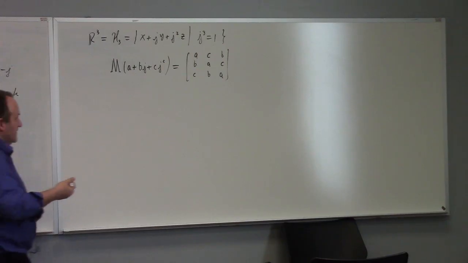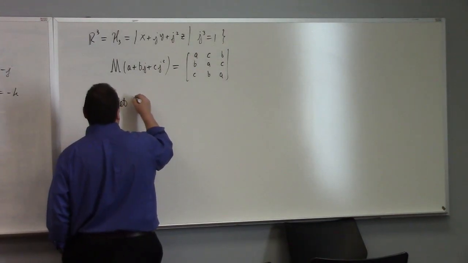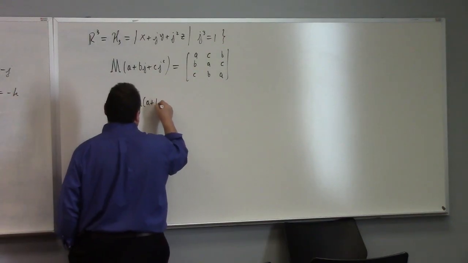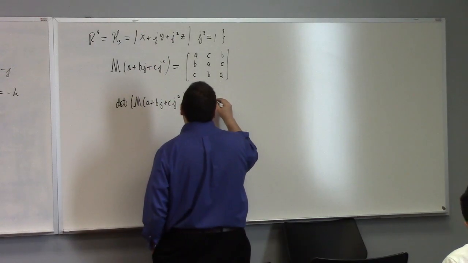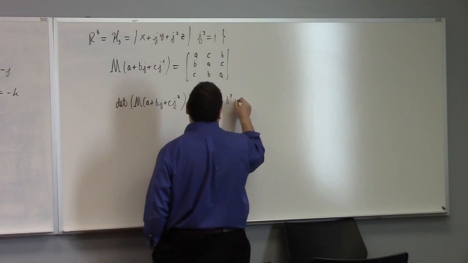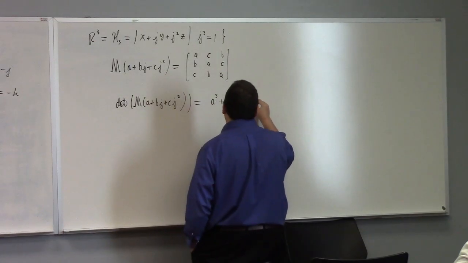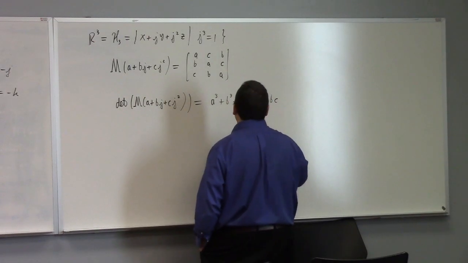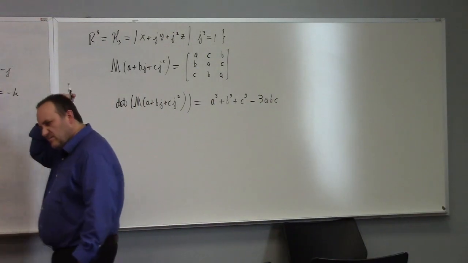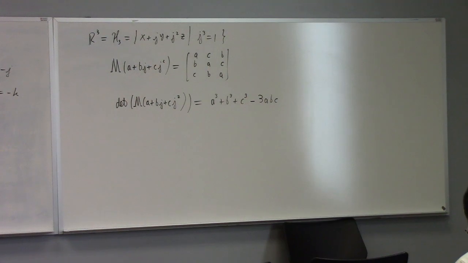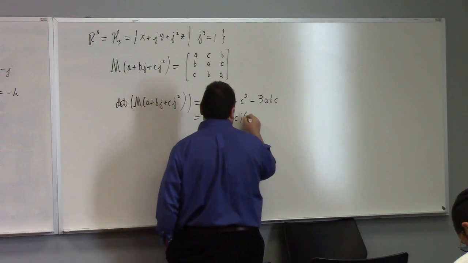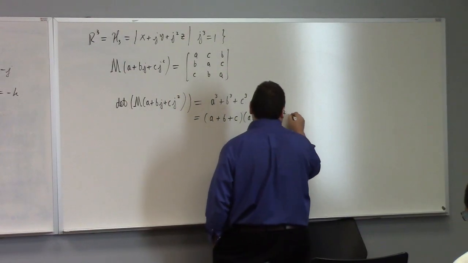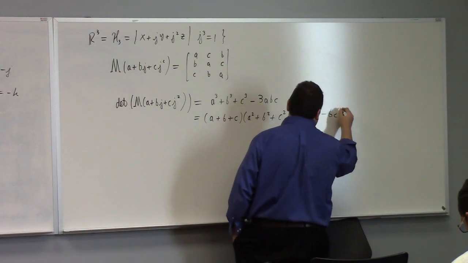The determinant of this actually is equal to the following. It's, goodness gracious, a cubed plus b cubed plus c cubed, I think minus 3 times abc. I think that's it. And if you tilt your head and squint, you can see that this factors as a plus b plus c times a squared plus b squared plus c squared minus ab minus ac minus bc.